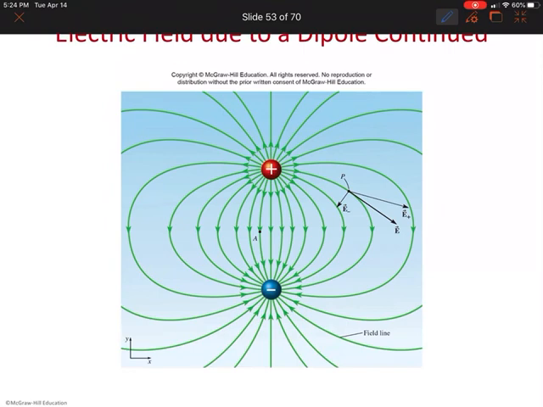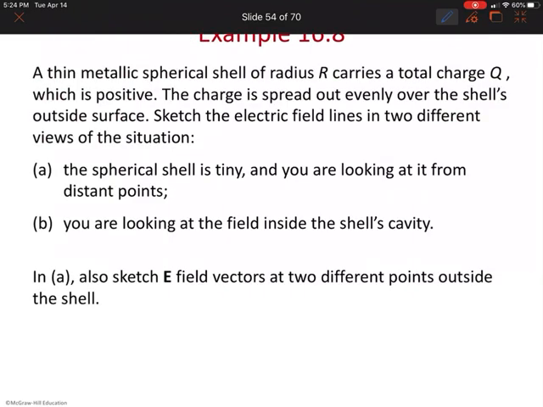So it's kind of cool to think about. Here's a pretty cool picture. This is showing you that depending on where you are in the electric field, you could have these X and Y values, or these negative and positive values, depending on what point you are.